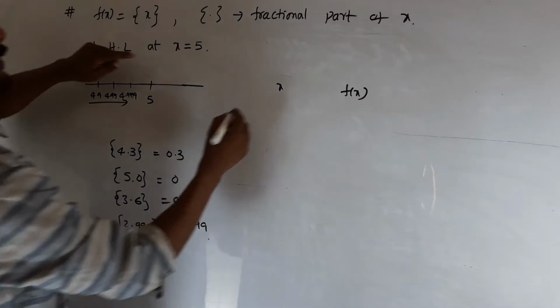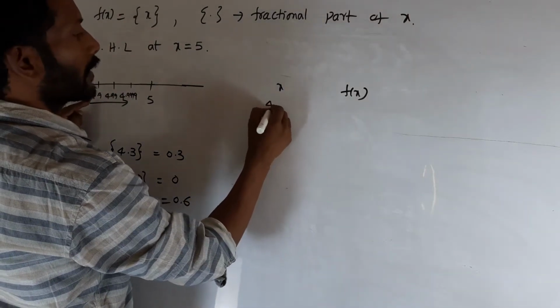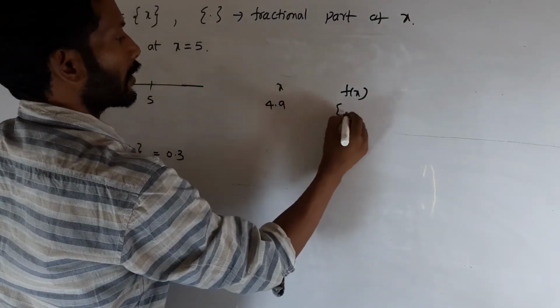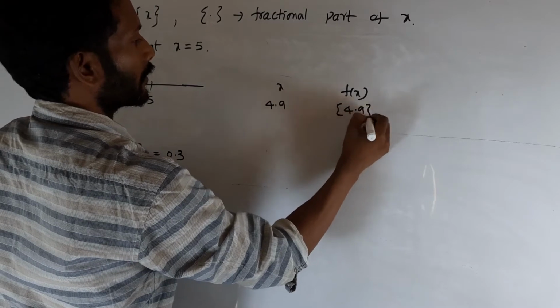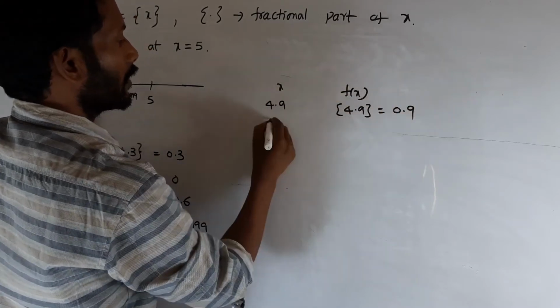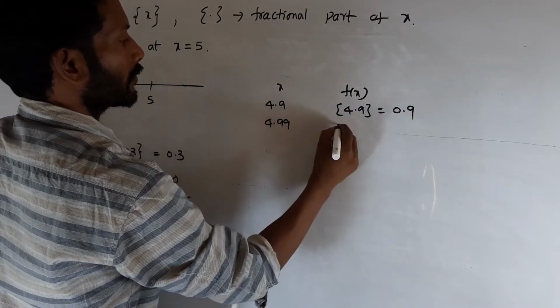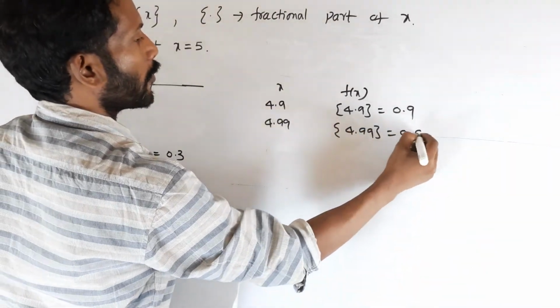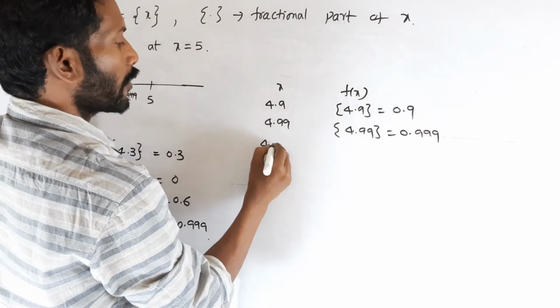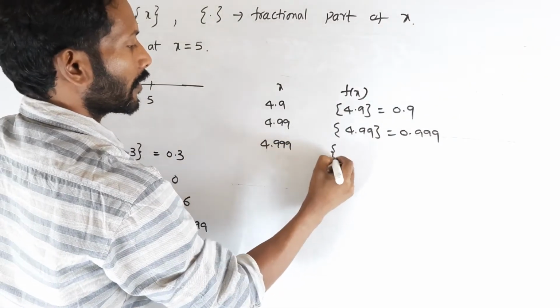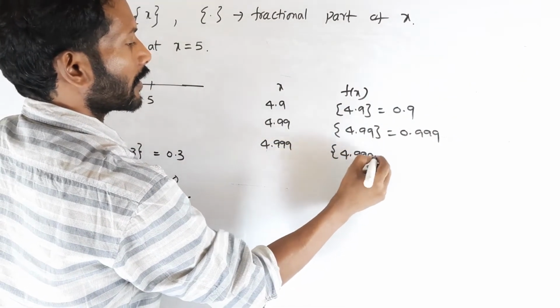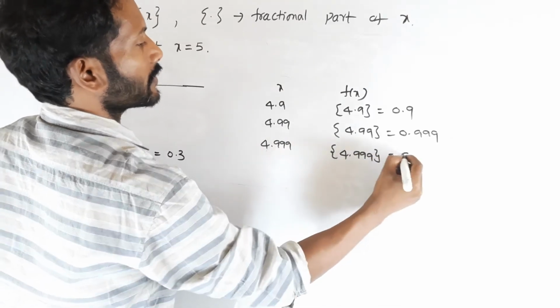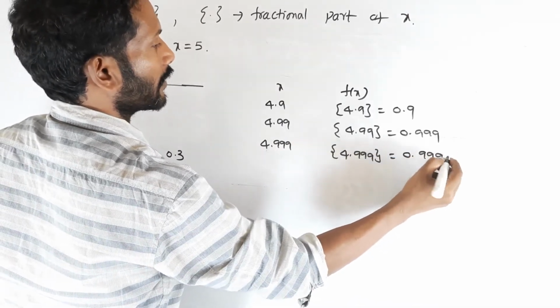Here first x equal to 4.9, so fractional part of x is 0.9. This is 4.99, so 0.99. 4.999, so fractional part of x is 0.999.